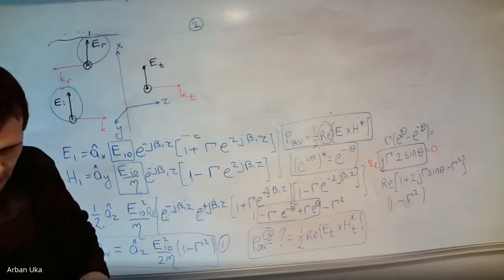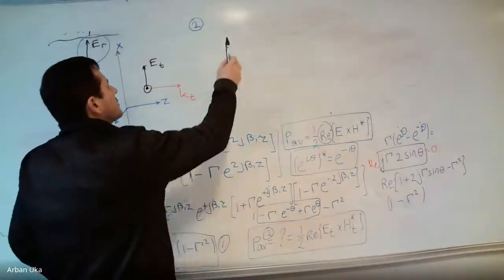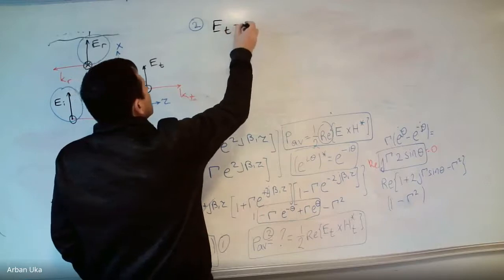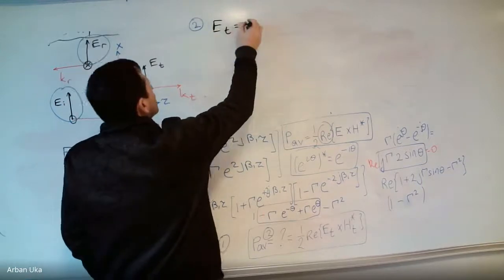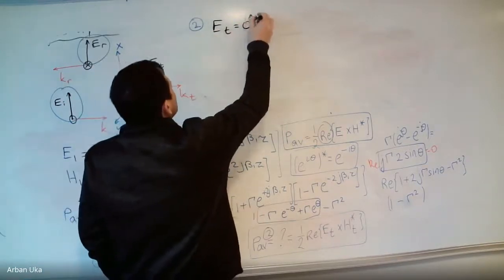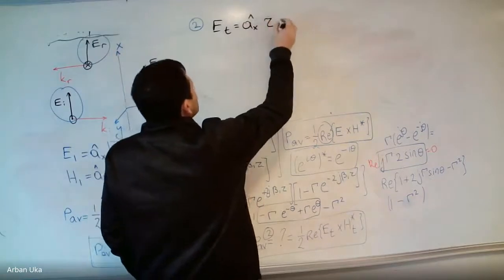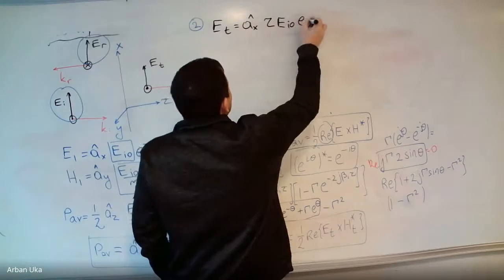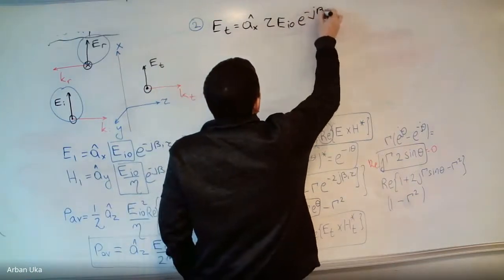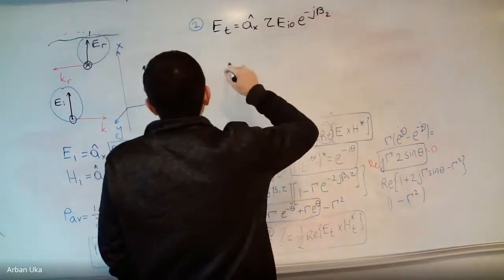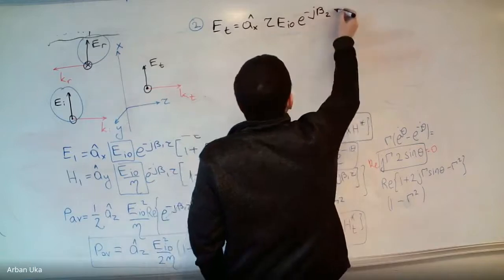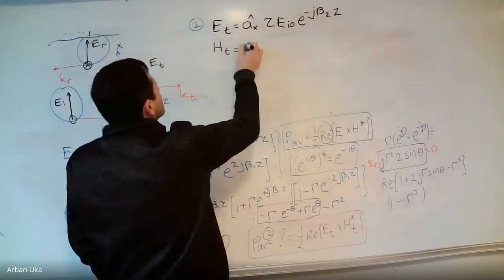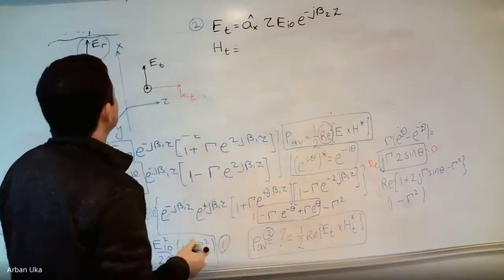In medium 2 we have ET, which should be equal to AX times the transmission coefficient tau times EI0 e to the power minus j beta 2 z. And HT is going to be equal to... what is the direction of this one?